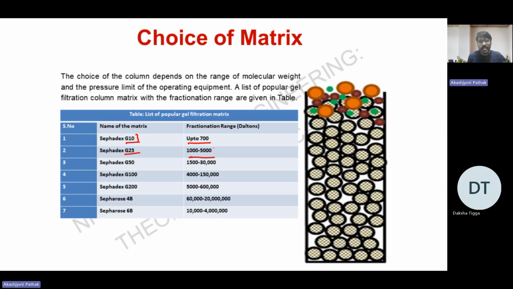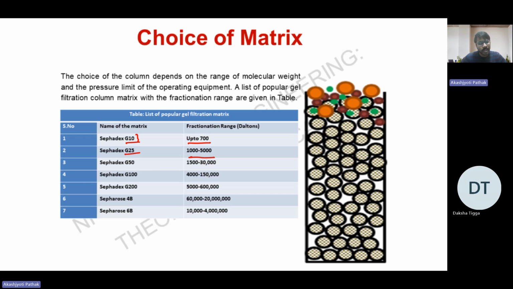So it is actually a range, 1000 to 5000. Okay. So the one which has less than 1000, that will also not enter inside the pore. So they are having different fractionation ranges.